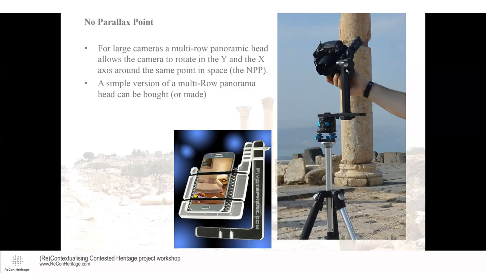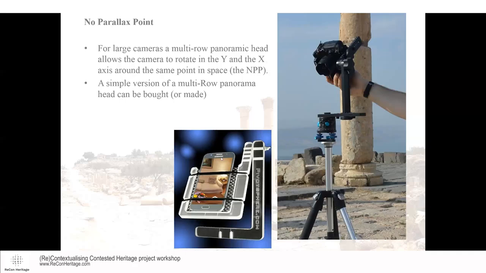And then the camera can be moved along this arm in order to get the point of rotation also in exactly the right place on the lens. And this means that photographs taken with this camera have no parallax and stitch together very well.